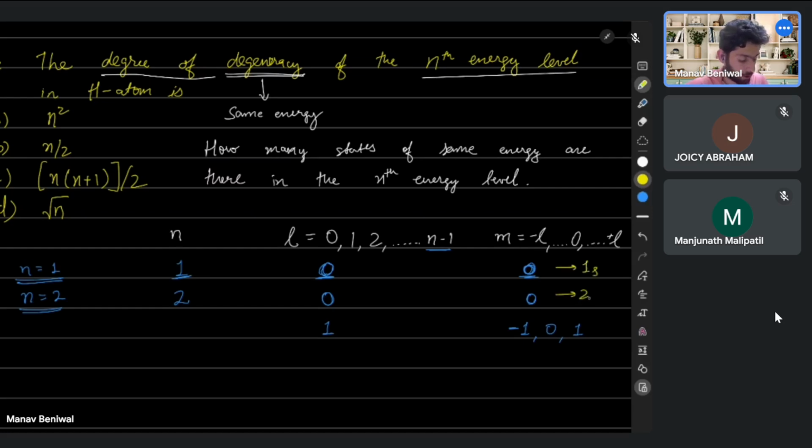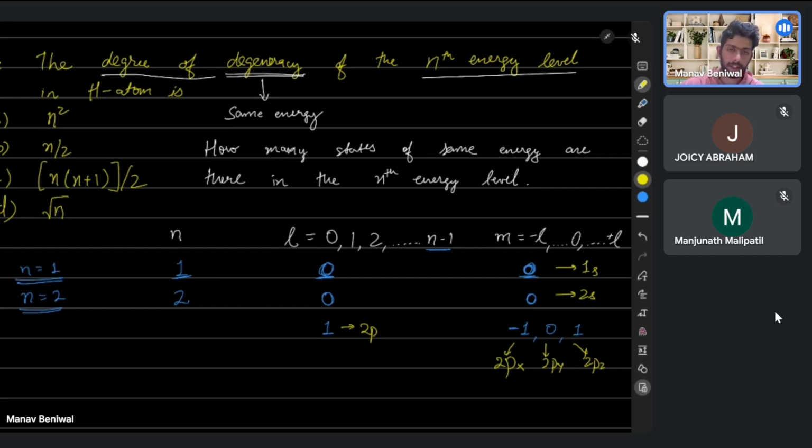This is your 2s orbital. This is your 2p orbital, and this is your 2px, 2py, or 2pz, depending on the direction of the field. Correct?